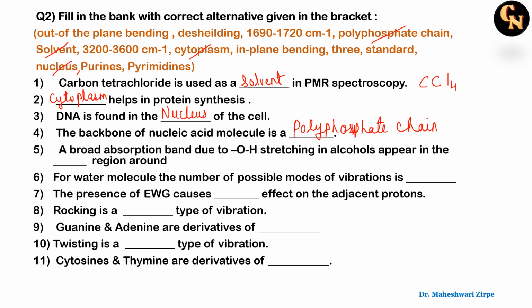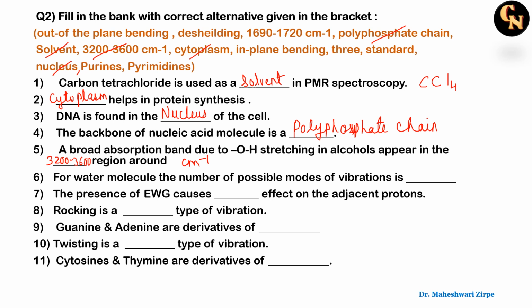Go and watch that video also. In that you will find that the broad absorption band due to OH stretching is in the region of 3200 to 3600. So the option here is 3200 till 3600 centimeter inverse. IR always has values with units in centimeter inverse because that is wave number.